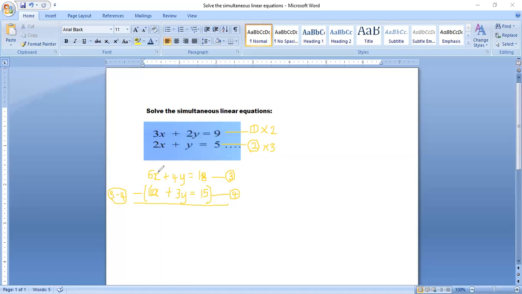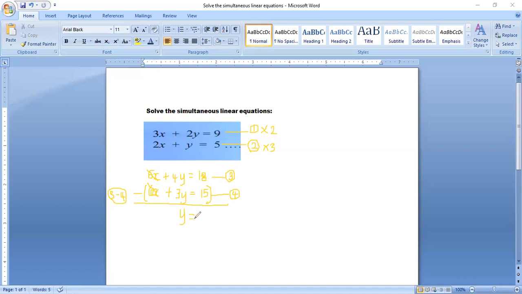So 6x minus 6x, that's 0. So there we go. We have eliminated the x's. The x is gone. Moving on to the y's, we have 4y minus 3y, and we're left with 1y or just y. Good?